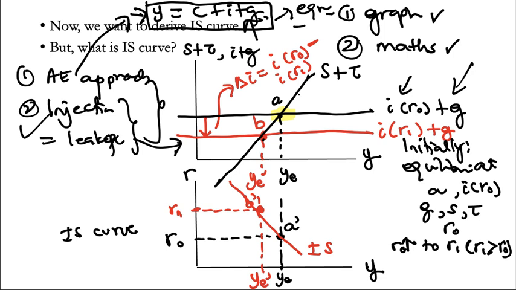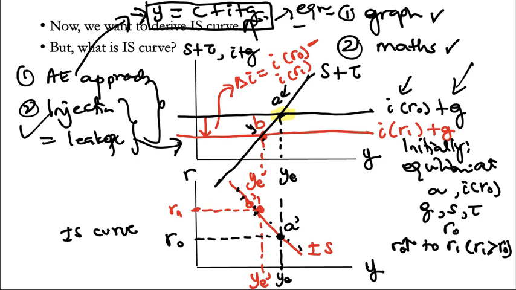So what does it mean by IS schedule or curve? As you can see, the IS curve here shows you all possible combinations along the curve of interest rate and income. Let's say A prime here, a combination of R0 and YE, shows you equilibrium in the product market at point A. And B prime here is a combination of interest rate R1 and output YE prime when the output market is in equilibrium at point B in the first graph.